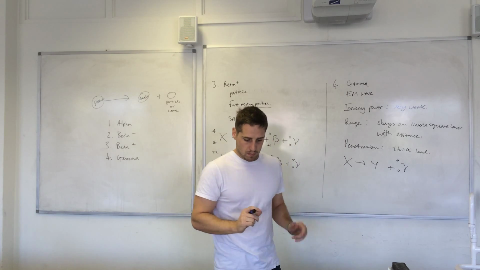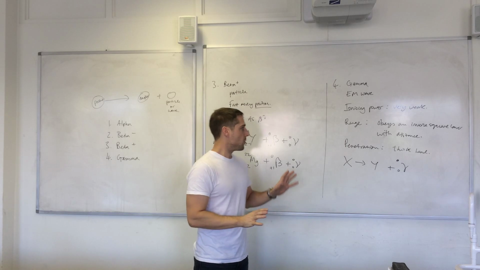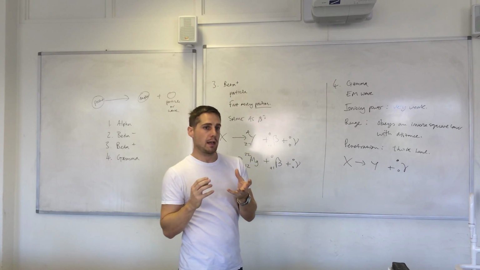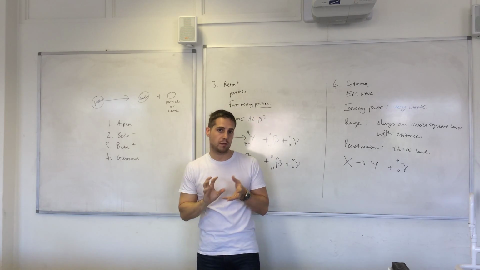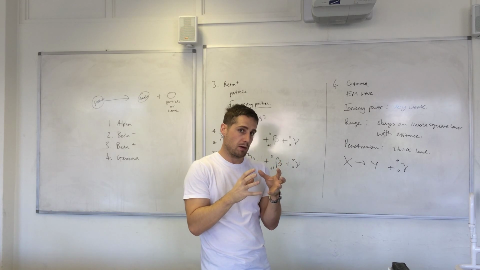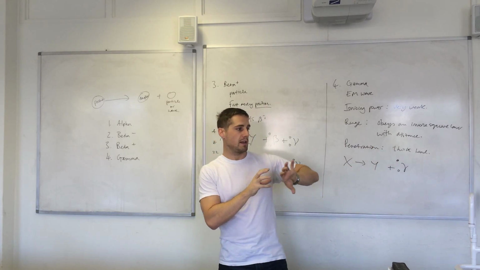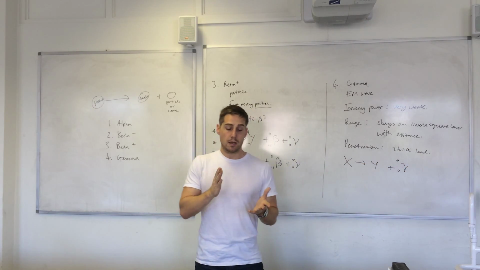Now, essentially what happens in this radiation is, whereas the others were unstable because they had too many protons and neutrons, that's the cause for alpha decay. When it has too many protons and neutrons, it needs to lose some of those to become more stable. So it's essentially just losing mass. It ejects that mass from the nucleus.